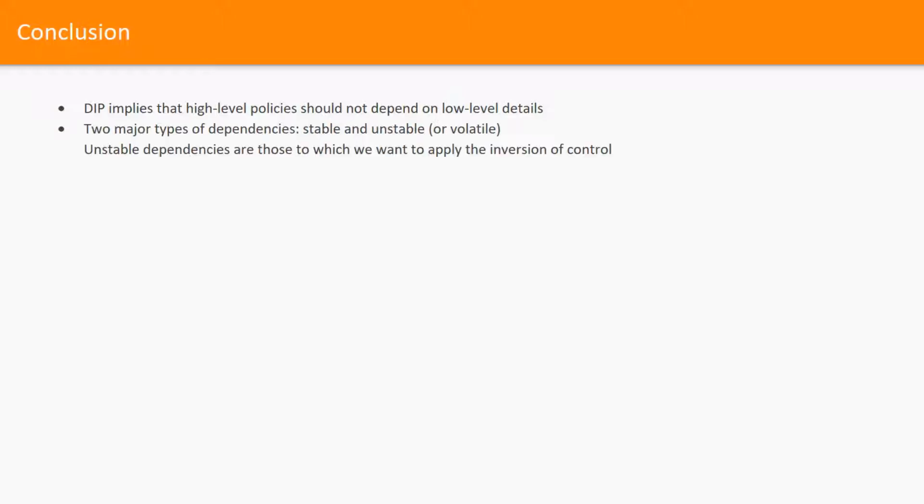It's time to recap what we learned in this section. So, in this section you learned what DIP is. DIP implies that high-level policies should not depend on low-level details. You learned that there are two major types of dependencies: stable and unstable, or volatile.